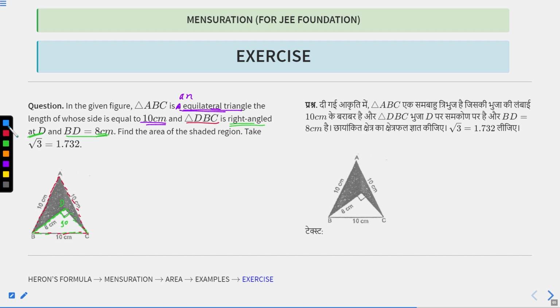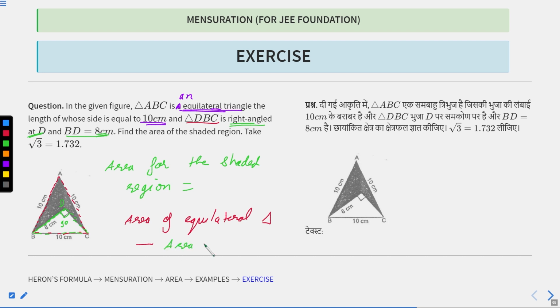So the area of the shaded region is equal to the area of the equilateral triangle minus the area of triangle BDC, which is our right angle triangle.